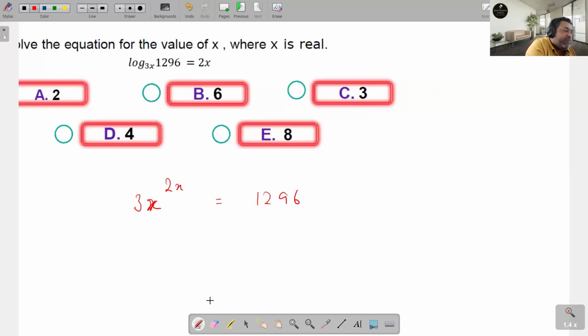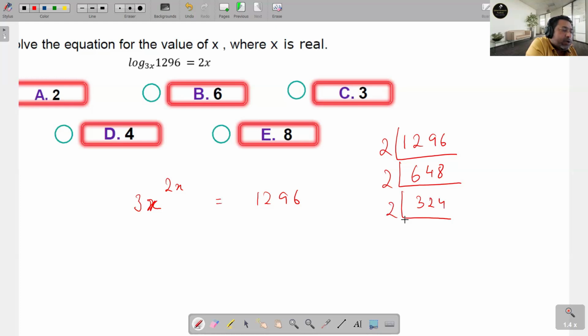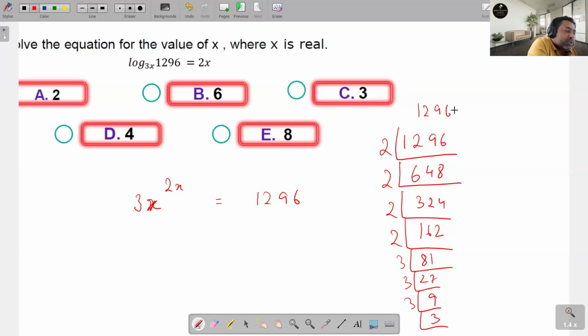So 1296 divided by 2 will give me 648, divided by 2 will give me 324, divided by 2 will give me 162, divided by 2 will give me 81, divided by 3 will give me 27, divided by 3 will give me 9, divided by 3 will give me 3. So, your 1296 is equal to 2 raised to the power 4 multiplied by 3 raised to the power 4.